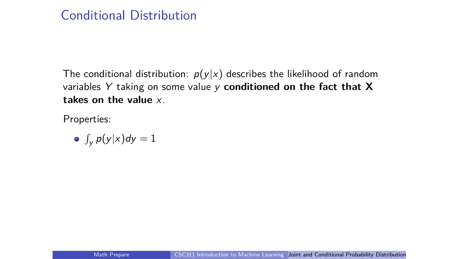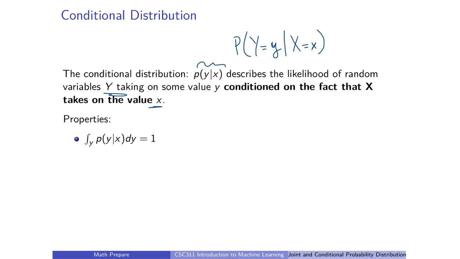A conditional distribution, like this one, describes the likelihood of y taking on some value conditioned on the fact that x is taking on this value, little x. So given that I already know that x is equal to this little x, what is the probability that my random variable y takes on this value?